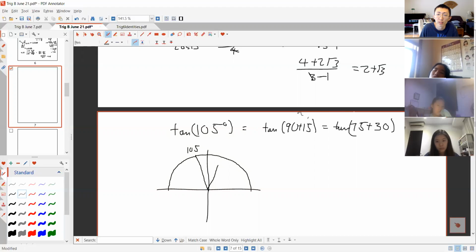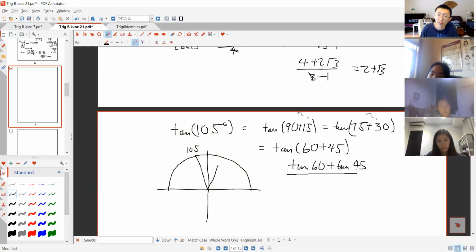I guess we already know tan 75. But if we didn't know tan 75, it could be tangent of 60 plus 45, right? And these are easy values we know. So this would be tan 60.